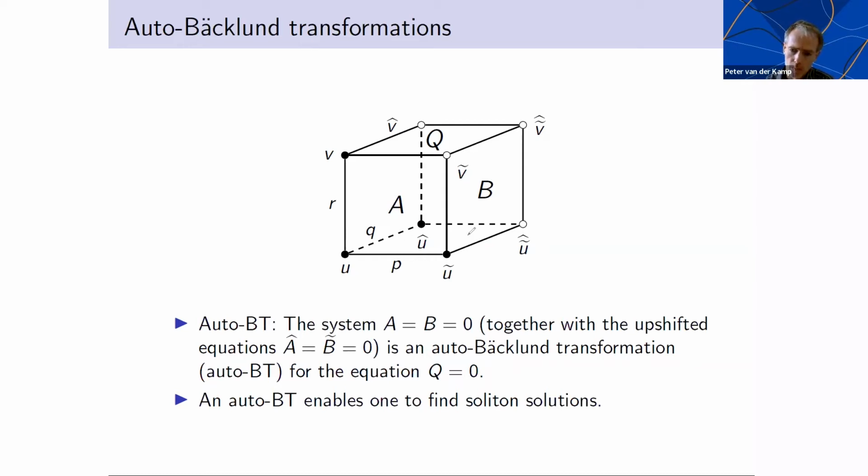If Q is on the bottom face and on the top face is the same equation, then that system A is B is 0 is an outer Backlund transformation for the equation Q. And you might be able to find a new solution, which is then the V solution from a given U solution using that Backlund transformation. If this Q is different than the Q here, so you have a Q star on top and a Q on the bottom, then you have a Backlund transformation, so a transformation from a solution to one equation to another equation.